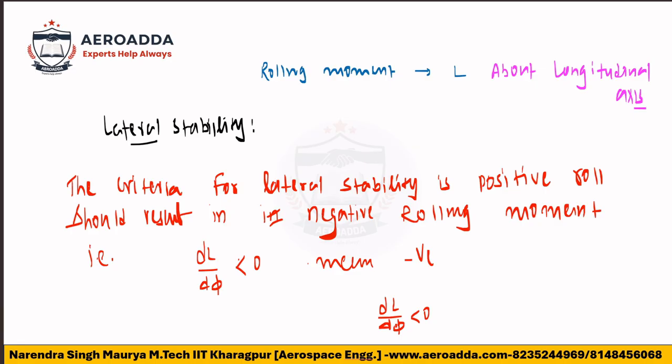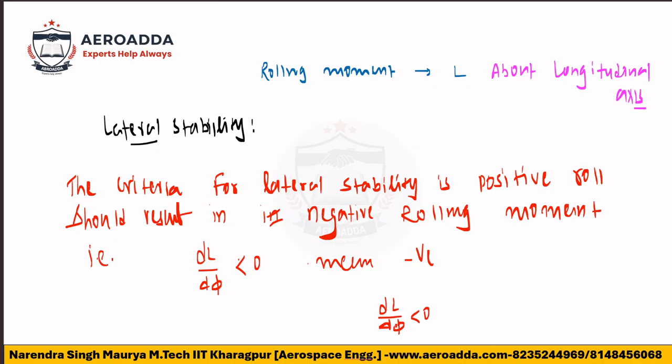just like in the case of longitudinal stability, where nose up means there was an increment in angle of attack, pitch up or nose up was there. If you check, there was the positive nose up, but for the stability criteria, it should be a negative pitching moment, means it should go nose down. So you apply the anti-clockwise moment, that restoring moment that was negative.